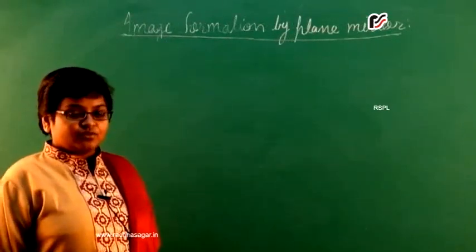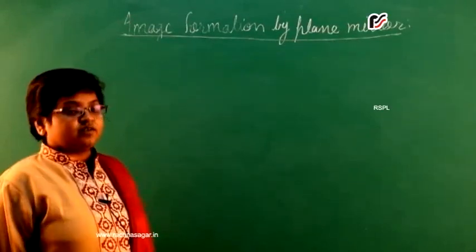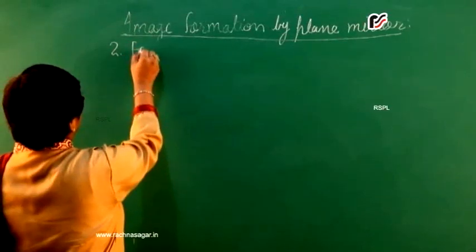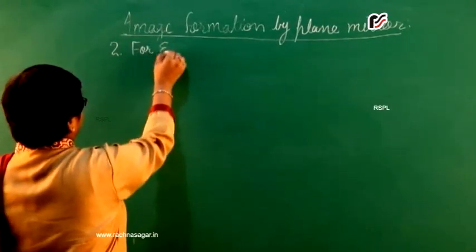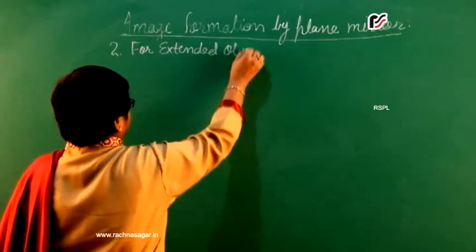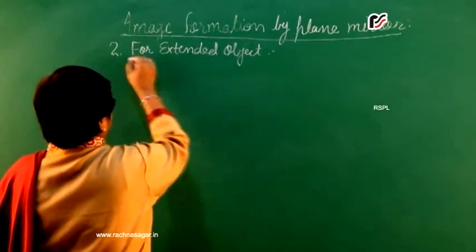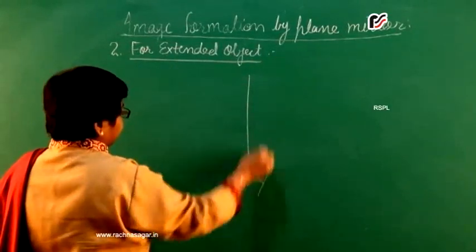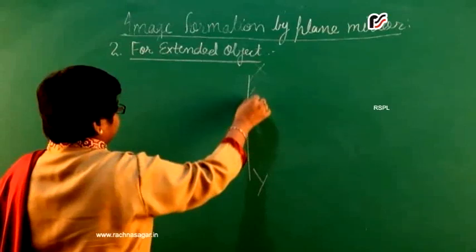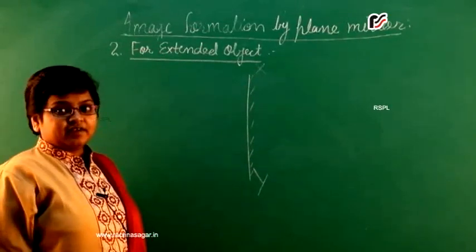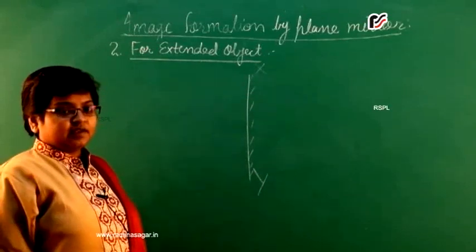Let us take case 2 for an extended object. This is again a plane mirror XY which is placed vertically.